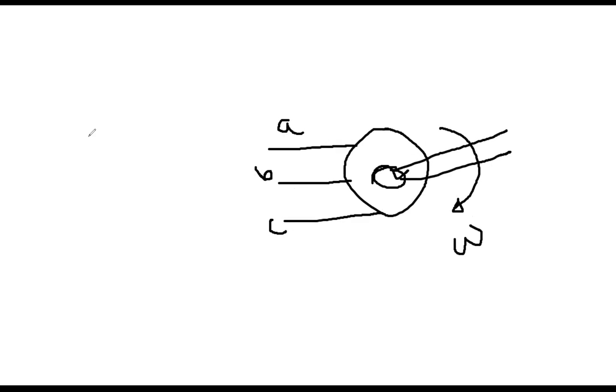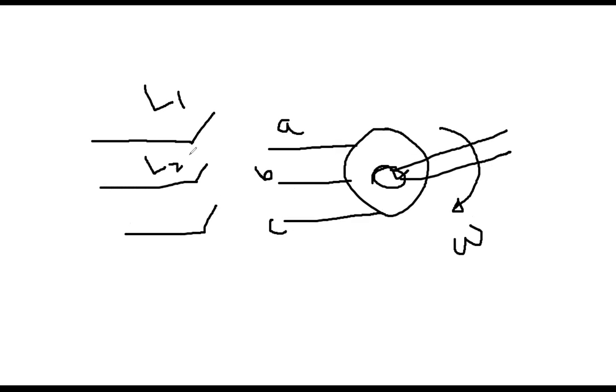Now, in the lab, you have this type of line. This is line 1, this is line 2, and this is line 3. So this is available in the lab, or this is your system, for example, the 3-phase system.